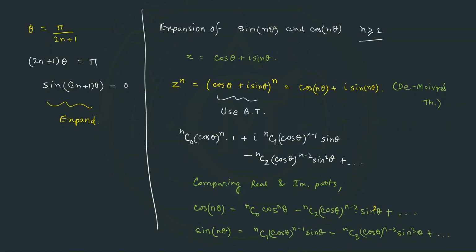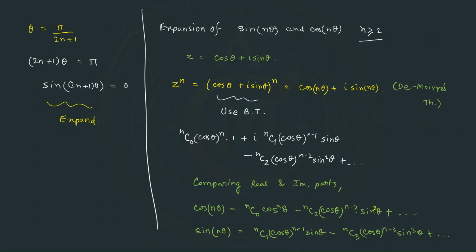So now if we use this expansion of sine n theta to expand this sine of 2n plus 1 theta, we will get 2n plus 1 C1 cos theta whole to the power, instead of n we can replace 2n plus 1 minus 1, so 2n, then sine theta minus 2n plus 1 C3 cos theta whole to the power 2n minus 2 times sine cube theta, plus so on, equal to 0.